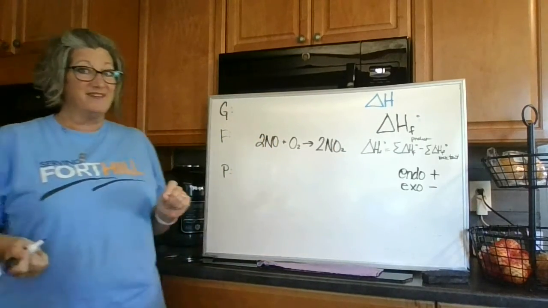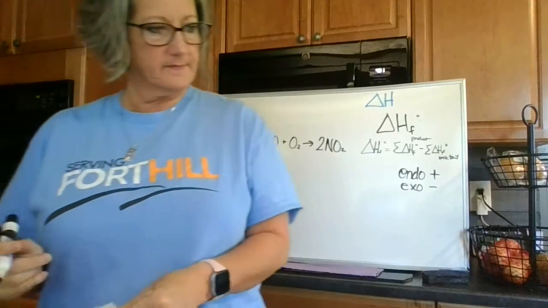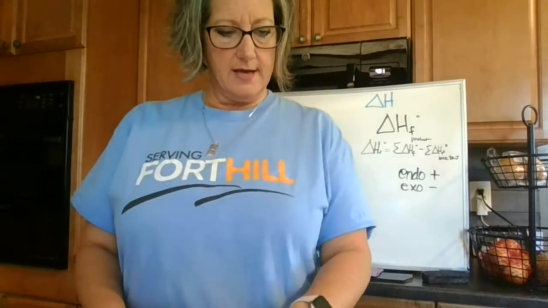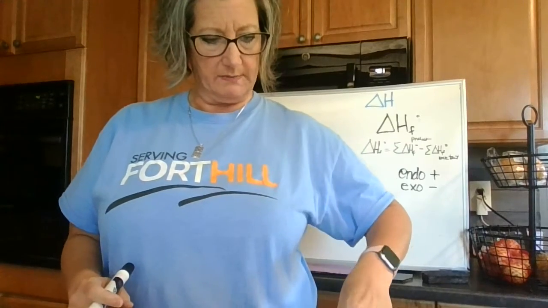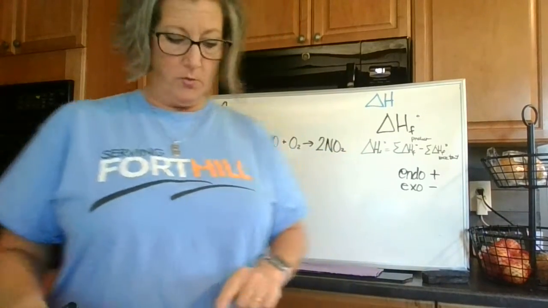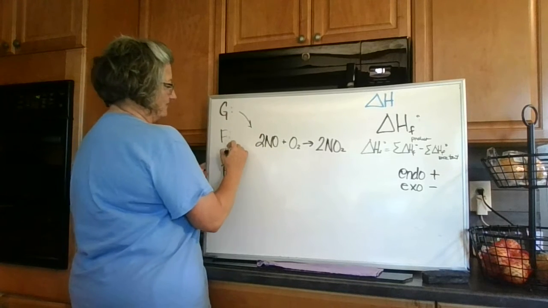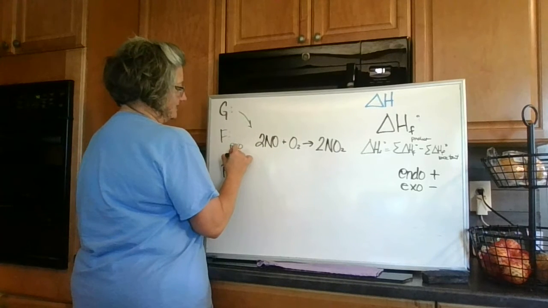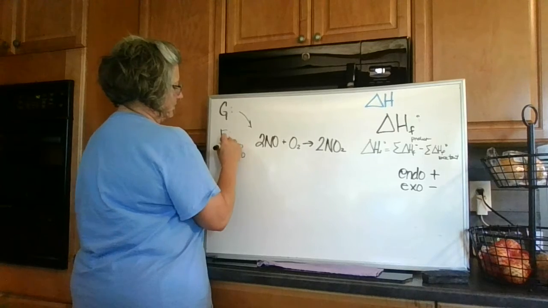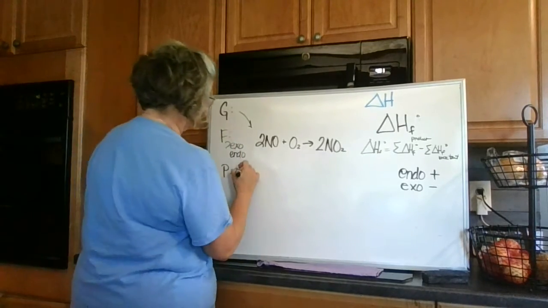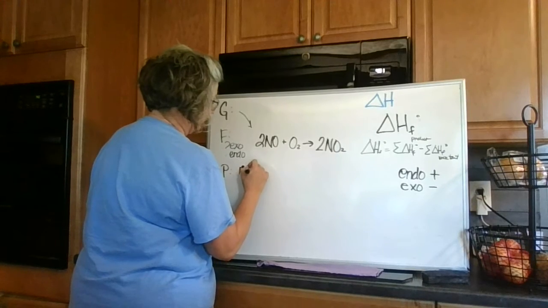Now, we have to look up a few things. So this is my given. I have to find, is it exo or endo? So my plan is to work equation 13.3.